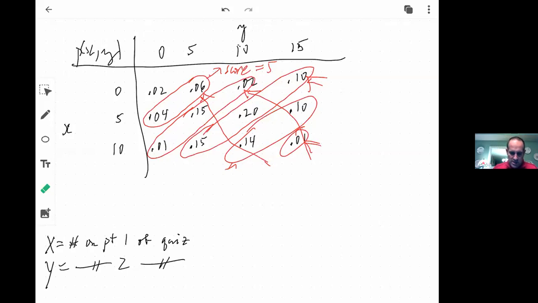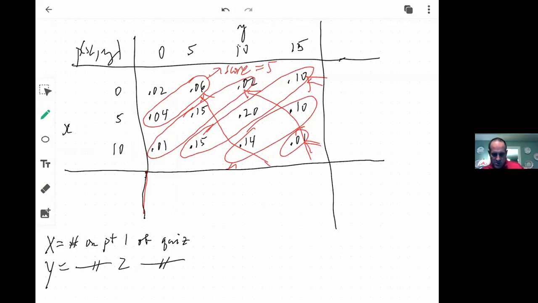And one thing I wanted to point out is the following. Oops, let me change my pen color here. Look, I can actually draw a little end result here for this table.